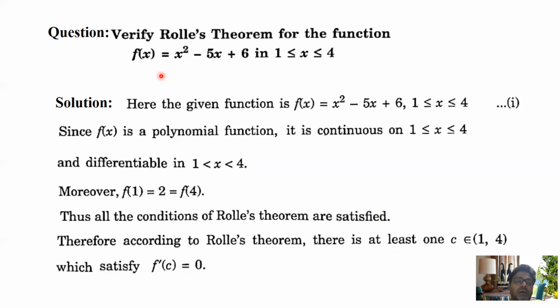Now you check f1, which means 1 square minus 5 plus 6. What is the value? 1 plus 6 is 7, minus 5 is 2. You have this.